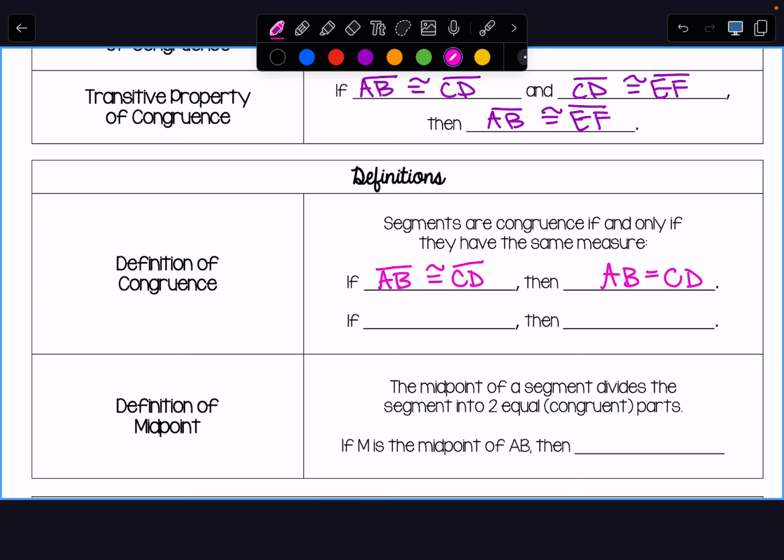So if we have a congruent statement and we need to somehow use one of our equality properties, then we can change it to an equal sign using the definition of congruence. Or maybe we have an equal sign statement and we need to change it to congruence. That's fine. If AB equals CD, then we know that means they're congruent.